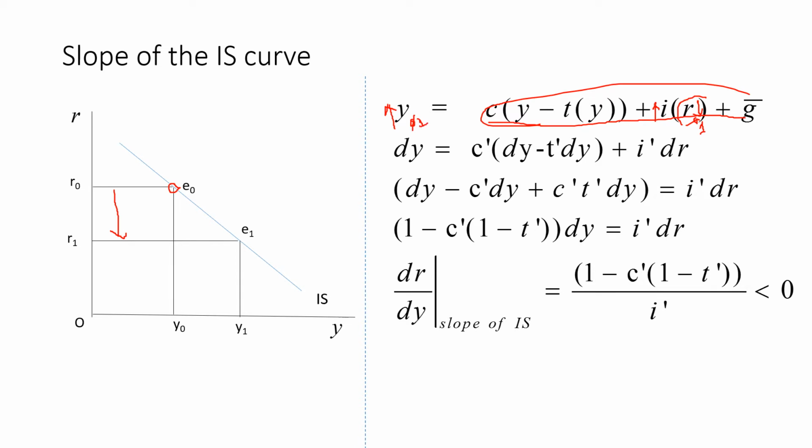So corresponding to a lower value of R, you are getting a higher value of Y. So if you plot those 2 points and draw a locus of all those points, we are talking about only 2 points, but there are numerous points here.